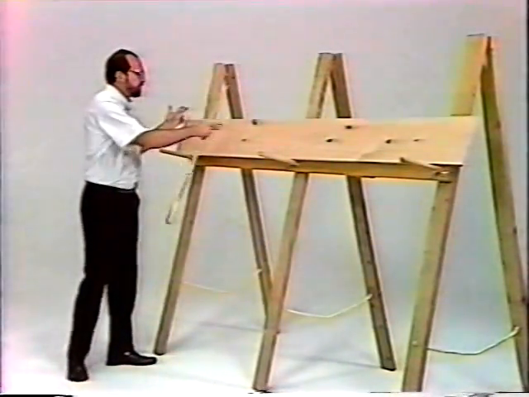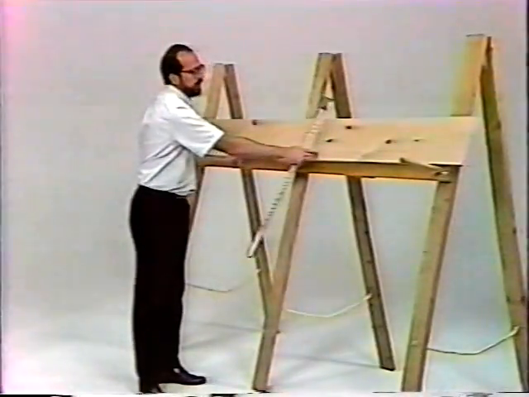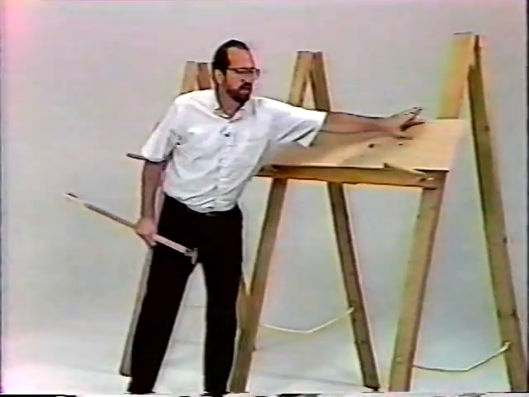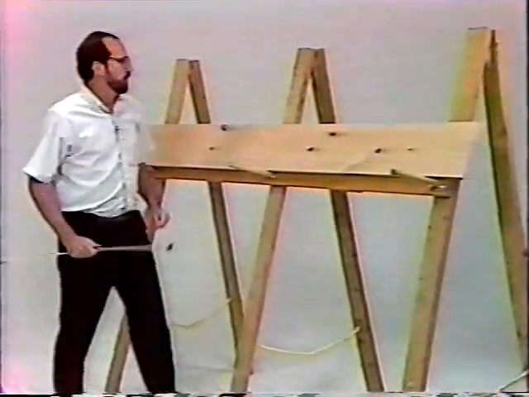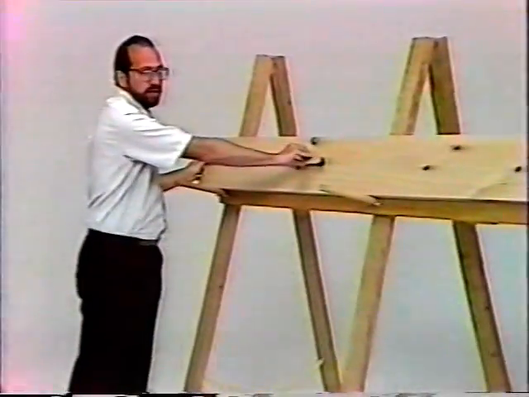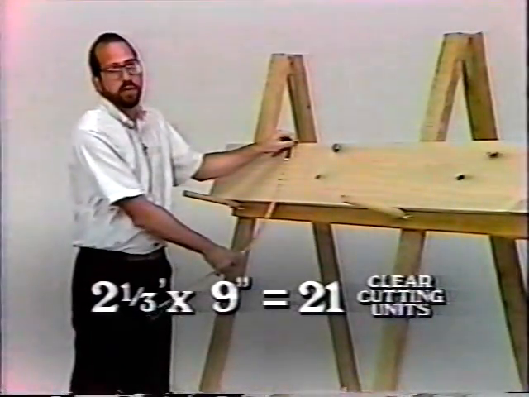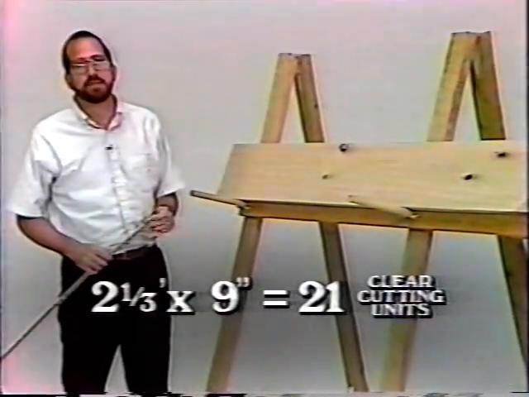So the 2 obvious ones I see are a crosscut here, possibly another crosscut here, and maybe a little rip across the top. The first cutting measures 2 1/3 feet long by 9 inches wide, which gives us 21 cutting units.